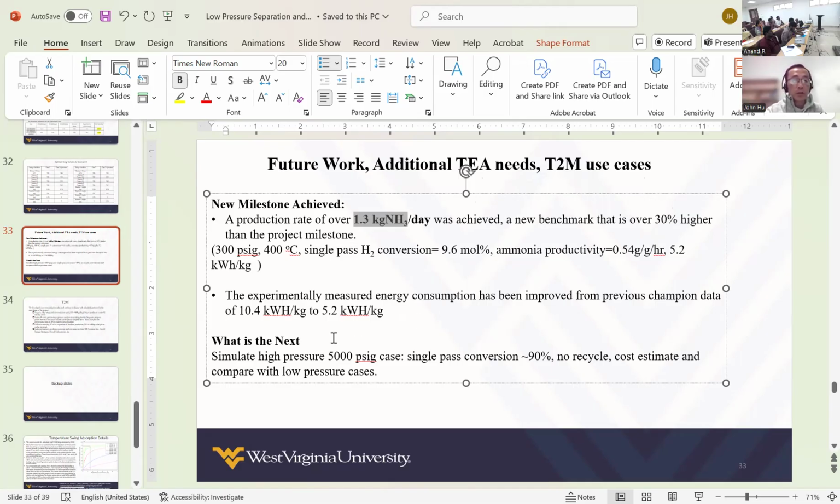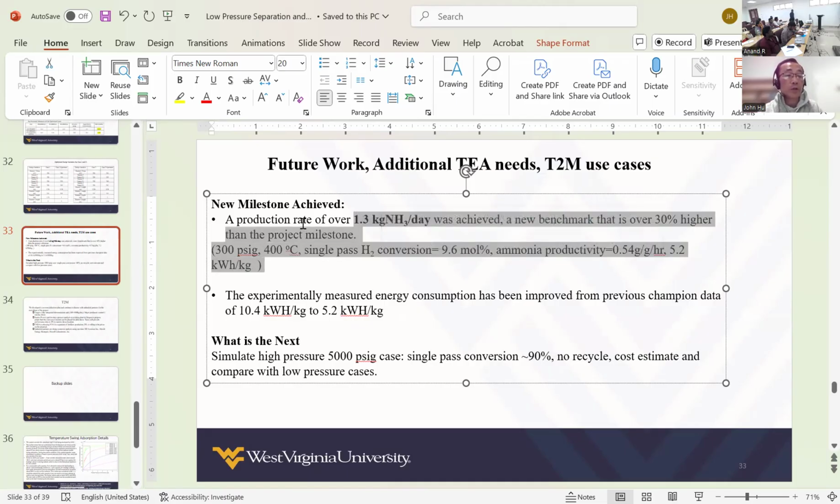All right, so this is the status. So what's next? Next, we can build the large scale with single pass conversion of 90%, but that's in the technology future. All of this, if you see our technical economic analysis, we have very good data to back it up.